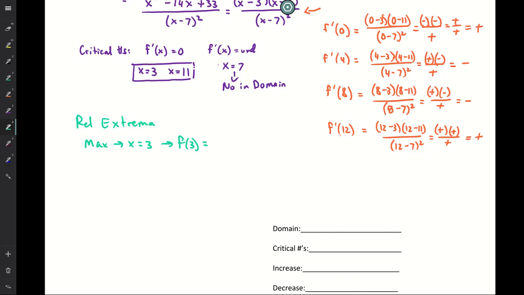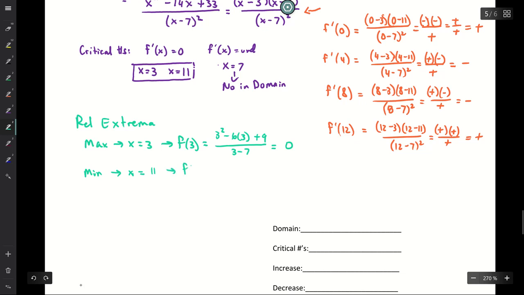So on that particular one, we're going to have 3 squared, minus 6 times 3, plus 9, and then all of that is over 3 minus 7. You can do that on your calculator. On this particular one, you actually get 0. And then there's going to be a min, specifically at x is equal to 11.